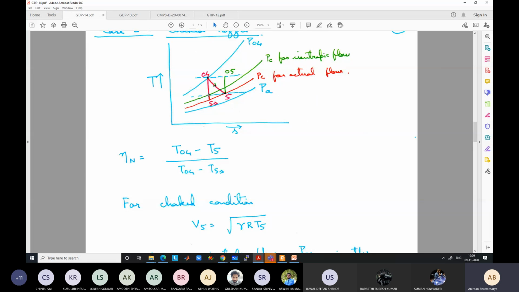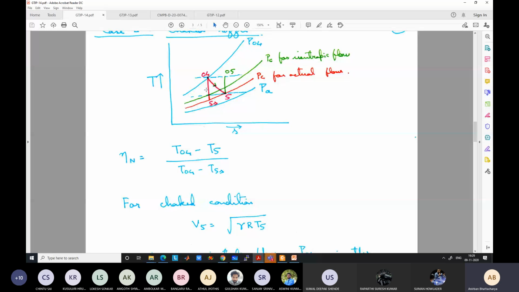Okay. However, if we extend this line so that it goes to the actual pressure line, how do we know what the actual pressure line is? The actual pressure line is the pressure line which goes through the actual temperature corresponding to this entropy, the increase in entropy.